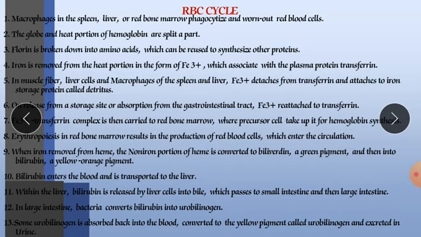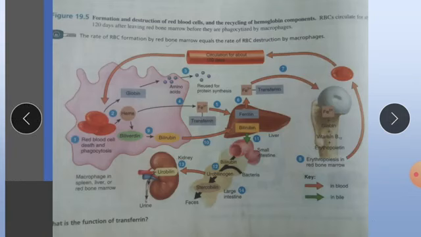Again, if you see, the urobilinogen is absorbed back into the blood, converted into the yellow pigment called urobilin, and excreted into the urine. So excreted into the urine means the urobilinogen gets converted into urobilin, and it is excreted in your urine.